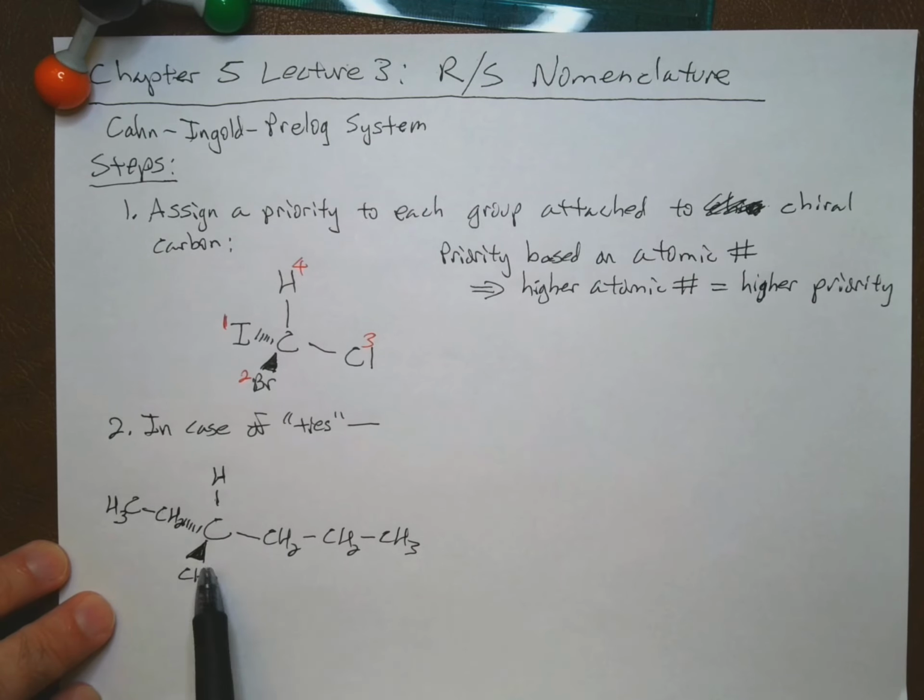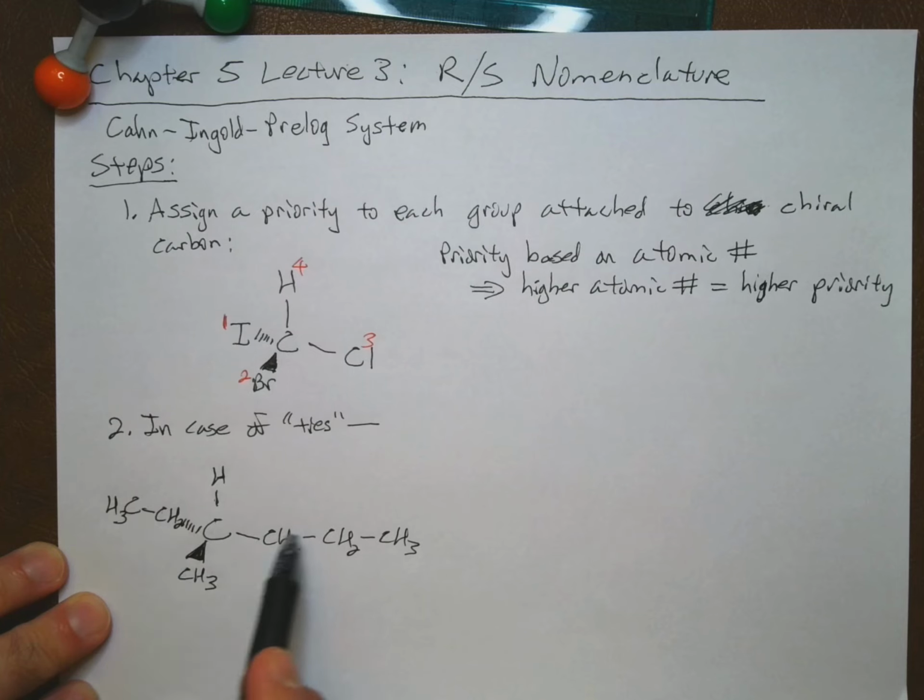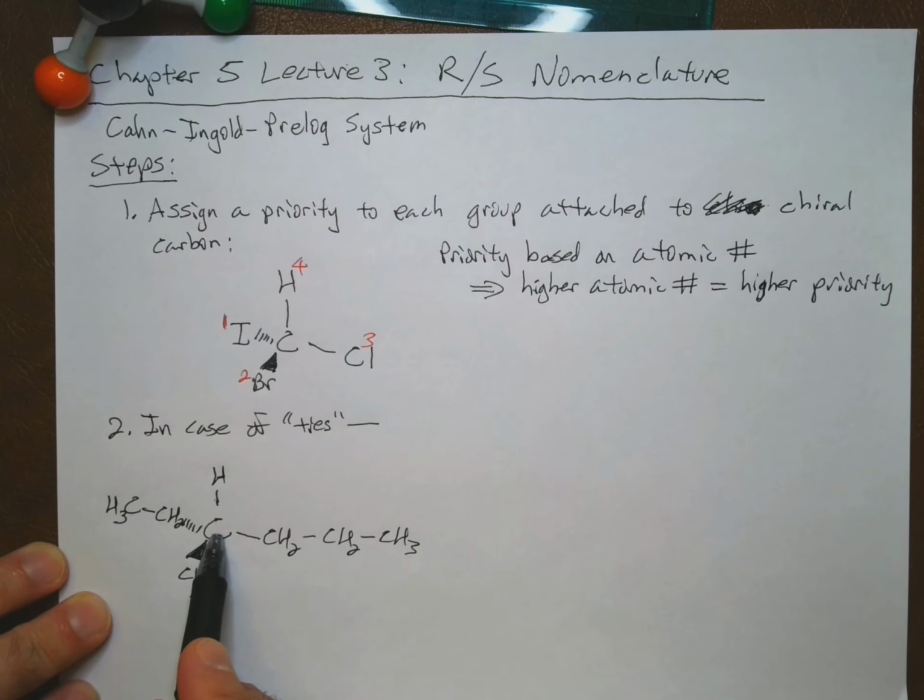Now these are 4 different things, okay? Even though the first atom out is carbon in 3 of them, these are still 4 different groups. We have a methyl group, an ethyl group, and a propyl group. So this carbon is chiral. It has 4 different things.